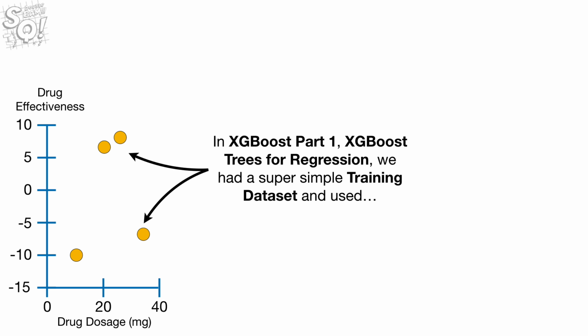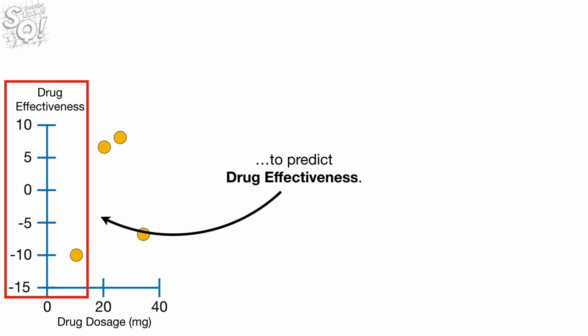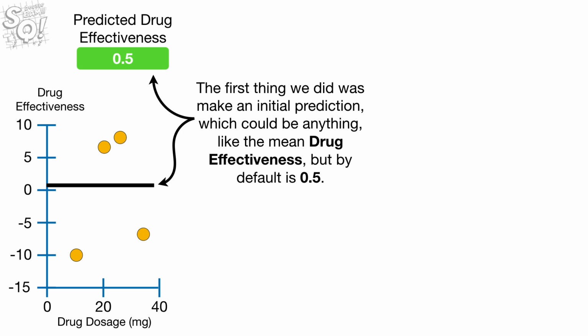In XGBoost Part 1, XGBoost Trees for Regression, we had a super simple training dataset and used different drug dosages to predict drug effectiveness. The first thing we did was make an initial prediction, which could be anything, like the mean drug effectiveness, but by default is 0.5.